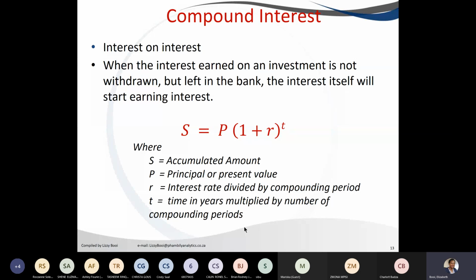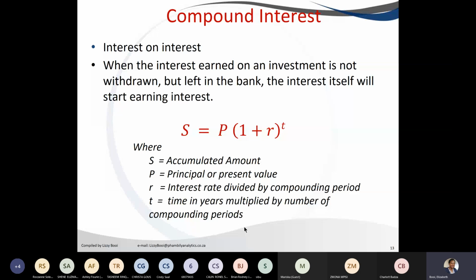So what is compound interest? Compound interest is interest you pay on top of the other interest. So when you borrow money from the bank and it is compounded quarterly, every quarter you will be paying interest. If it's monthly, every month you pay interest. Whereas with simple interest, you only pay it once at the beginning of the term.